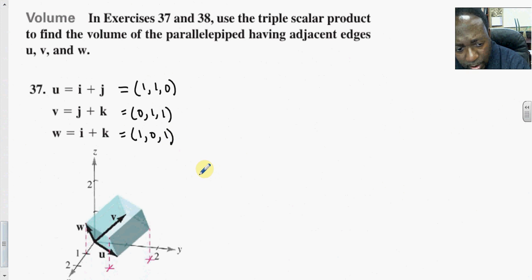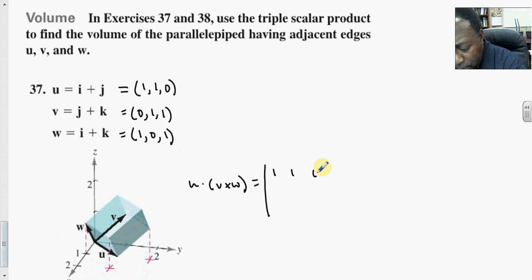So now we look at the dot product with the cross product of v with w, which has this formula for the triple scalar. So u is the first row, 1, 1, 0. v is the second row, 0, 1, 1. w is the third row, 1, 0, 1. So we expand along the first row.